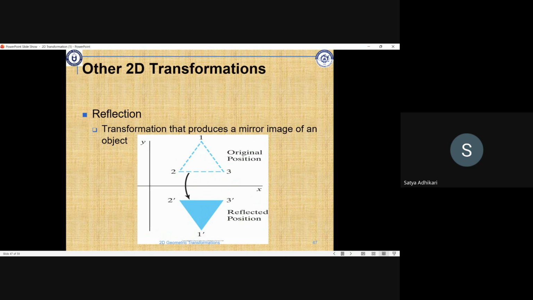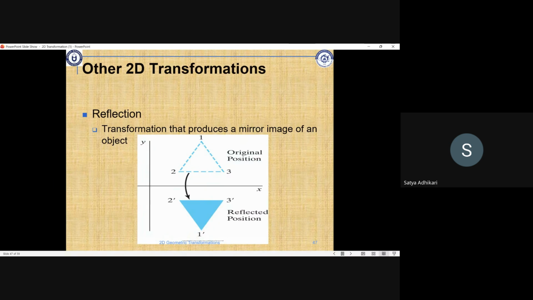And we also discussed the homogeneous coordinates and why they are required. Now, besides those three transformations, two more important transformations are there. One is reflection, another is shearing. Let us see the reflection.